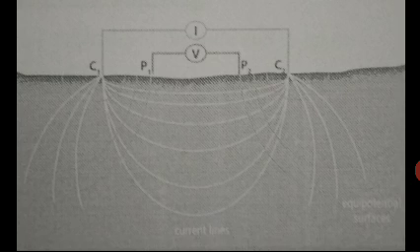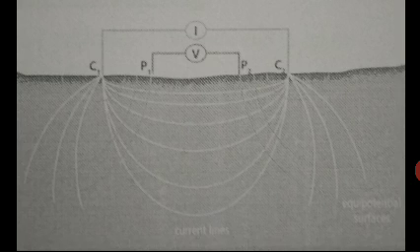In this configuration, the outer electrodes C1, C2 are used to send current into the ground, and the inner electrodes P1 and P2 are used to measure the potential. The electrodes are inserted in the ground and connected in a circuit to a source of electrical energy.